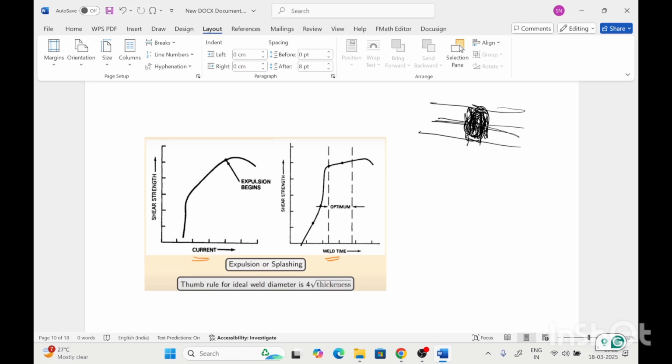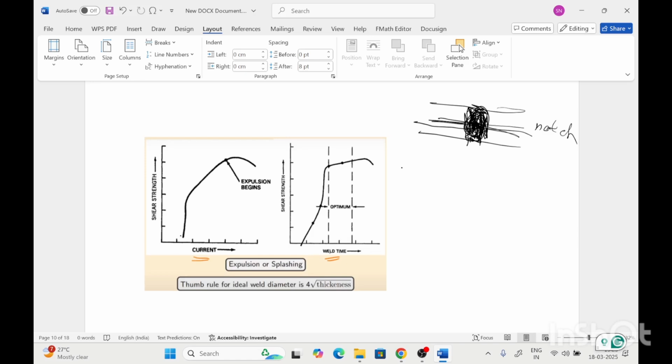At this point the welding joint is there, but due to some separation after this nugget, this configuration forms a notch. This notch is very detrimental to the strength of the welding joint. So the current and weld time, to provide a uniform welding joint, further determine the shear strength of the welding joint.